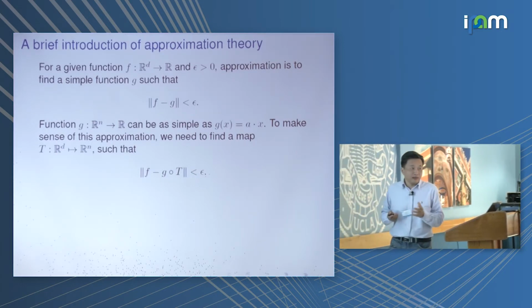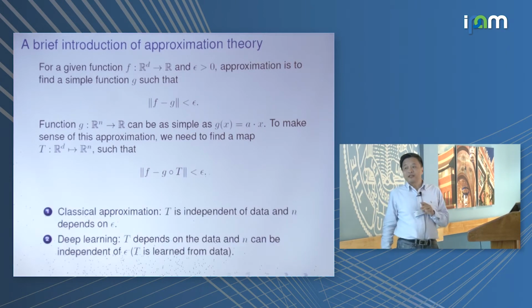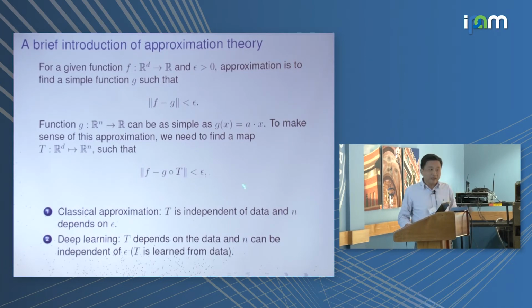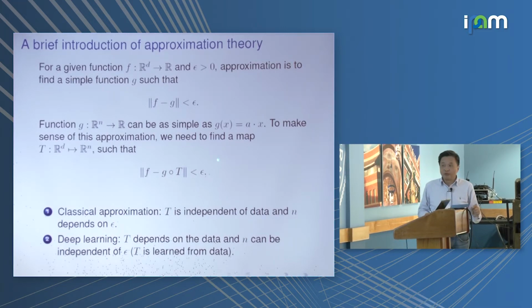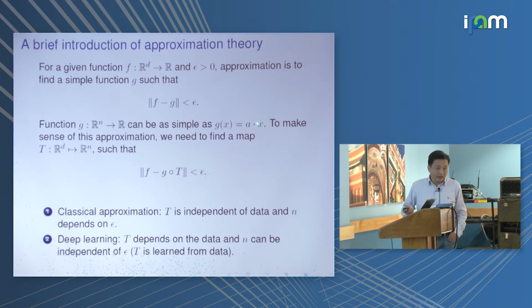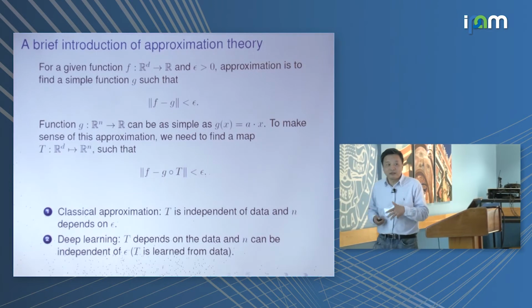That is the approximation. If you look at the classical approximation, in fact, they never say it in this sense, but they do it in the same way. The only difference is the T they are given. Normally the T is given to you. Then once the T is given to you, essentially they find g good enough. Most of classical approximation deals with that. For deep learning, your T is not given.